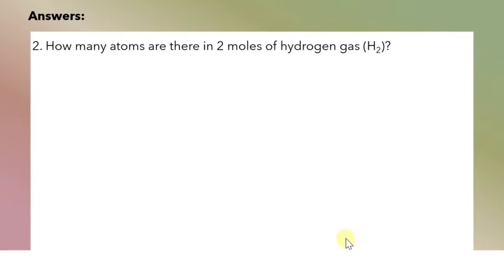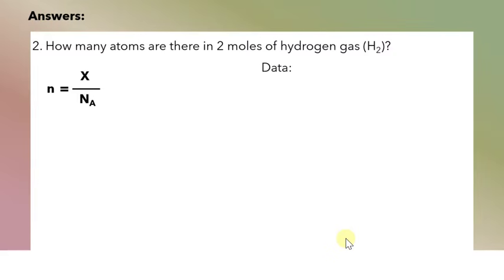So now, next we are going to look at question number 2 here, which says how many atoms are there in 2 moles of hydrogen gas? The same formula applies. Number of moles is equal to number of elementary particles, which represents atoms, ions, molecules, over Avogadro's number. Then we'll also put the data, which is the information given in the question.